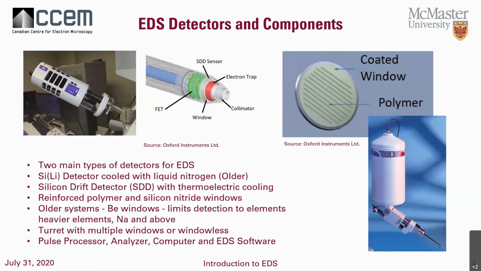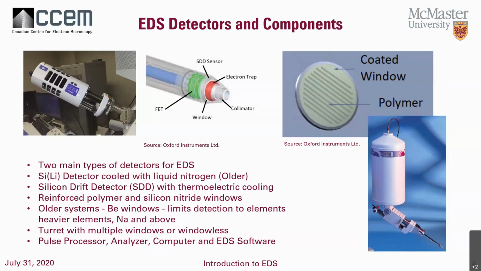There also exist thin silicon nitride windows as well. And on very old systems, you'll see beryllium windows. The big disadvantage with a beryllium window is that you can only detect heavier elements, such as sodium and above, with the EDS detector.